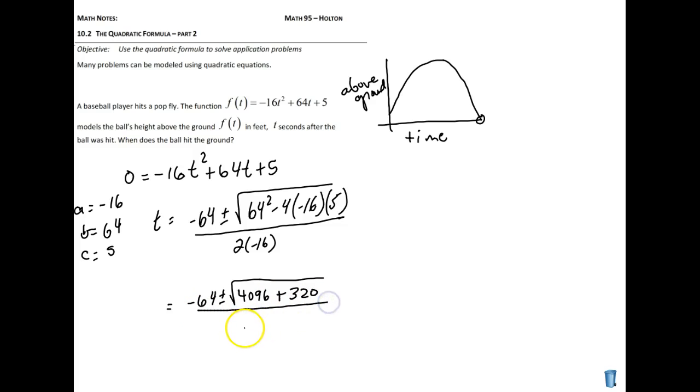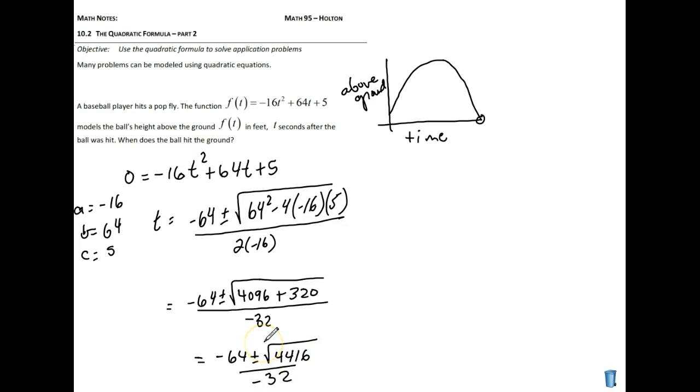And this is all over negative 32. So 320 plus the 4,096 gives me negative 64 plus or minus the square root of 4,416 all over negative 32.